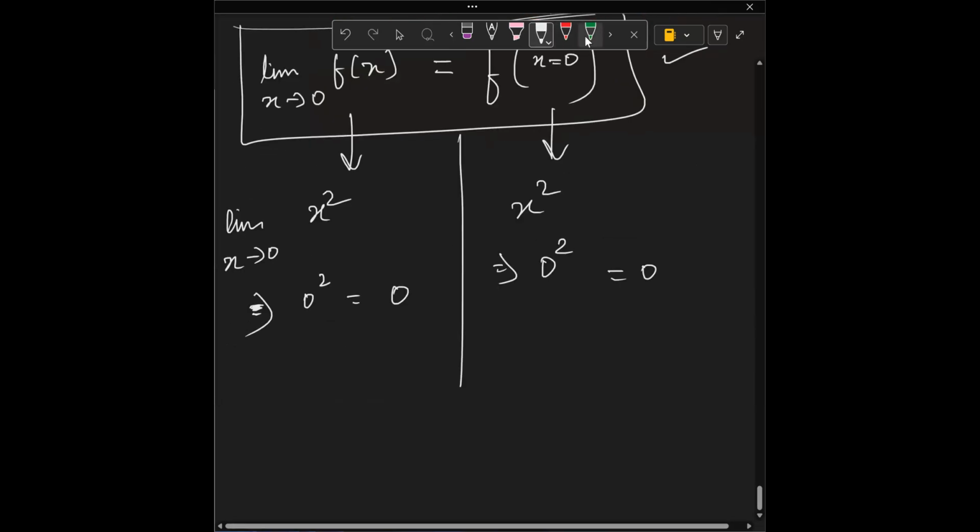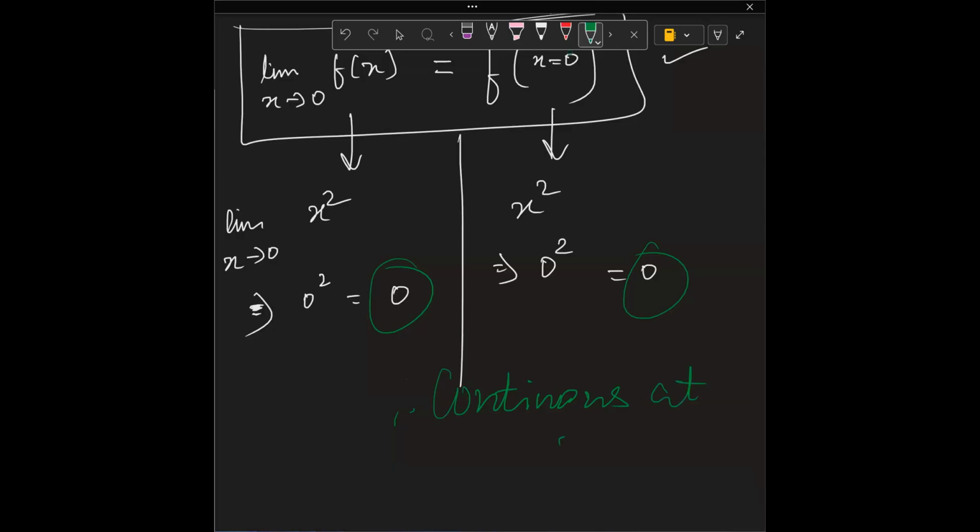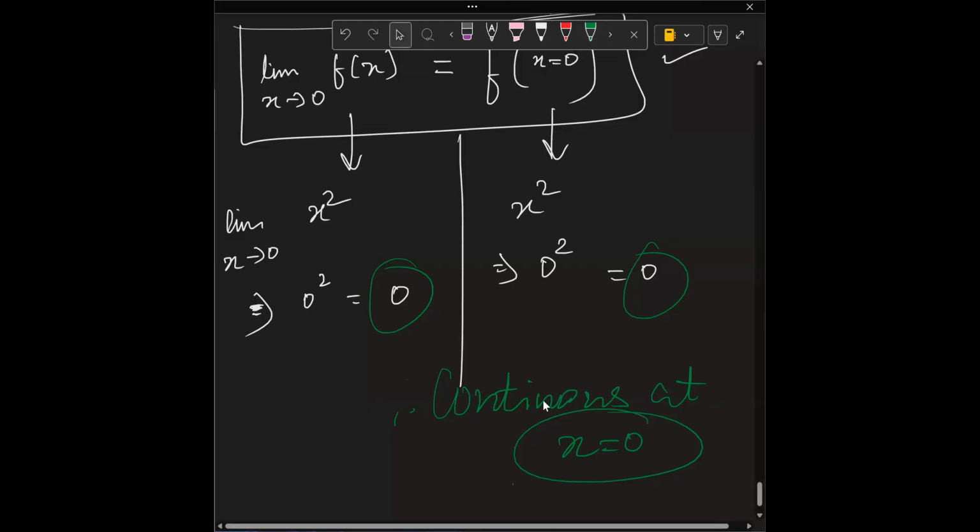So these two quantities are the same, both are 0, therefore it is continuous at x equals 0. Understood? So this is a continuous function, not discontinuous.